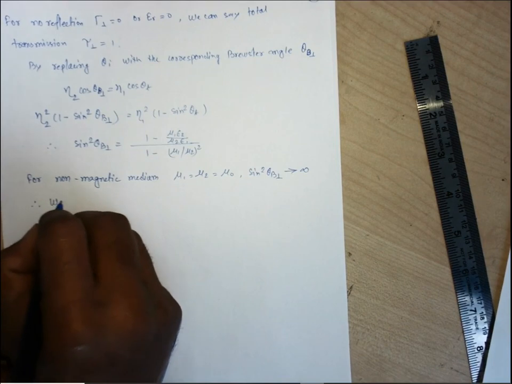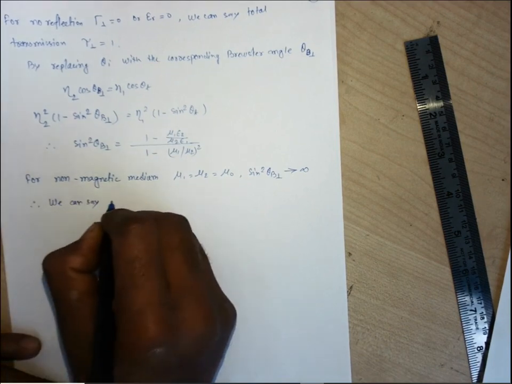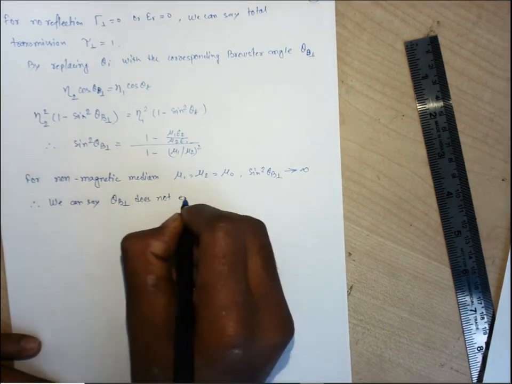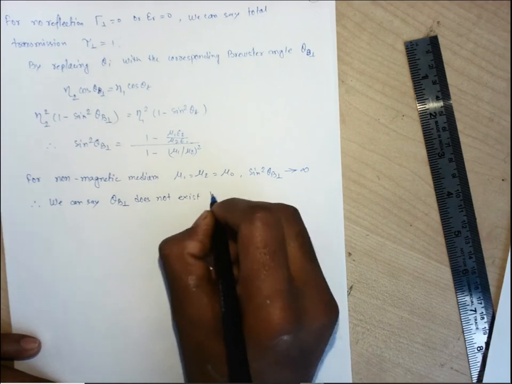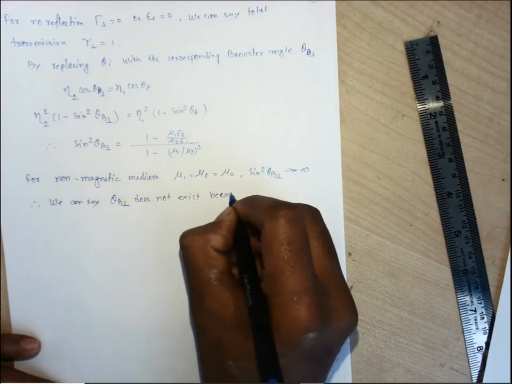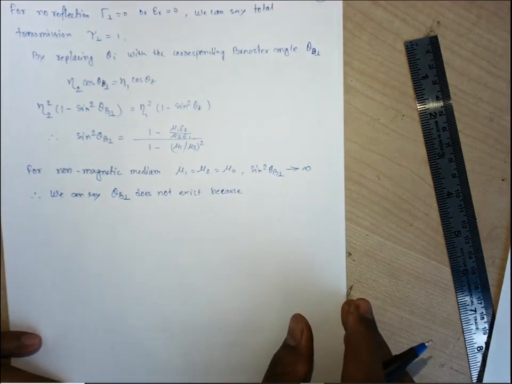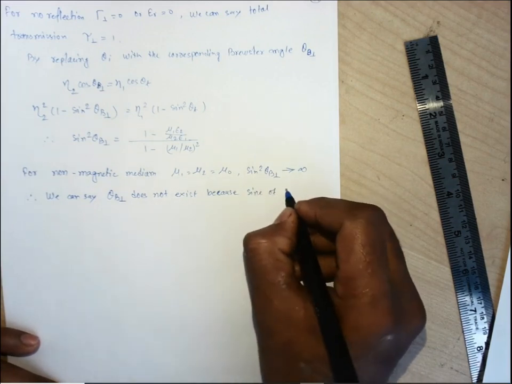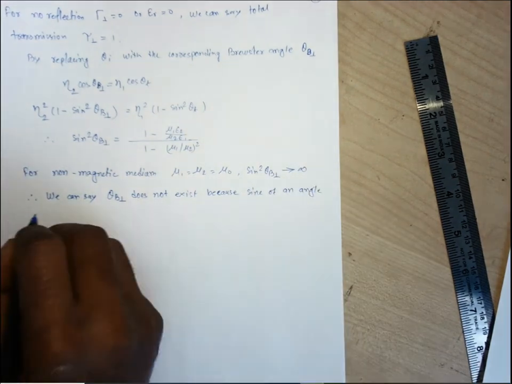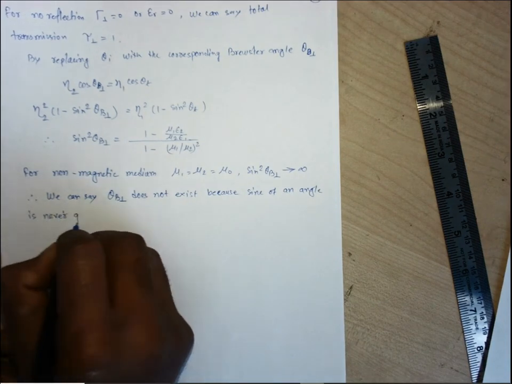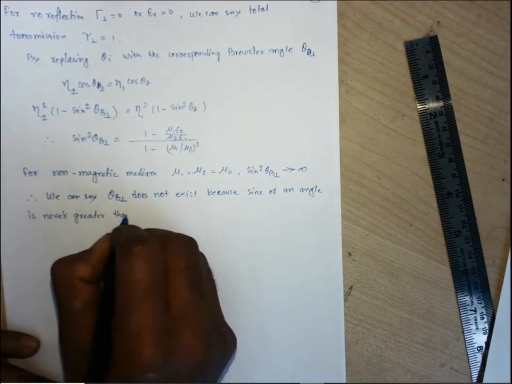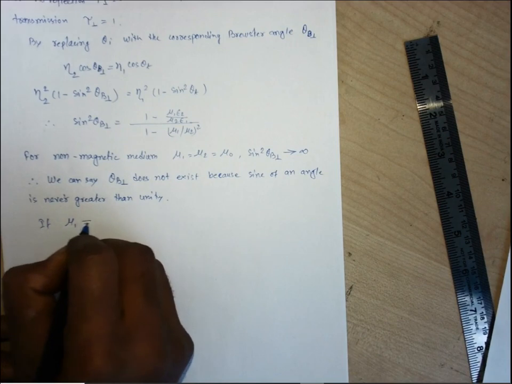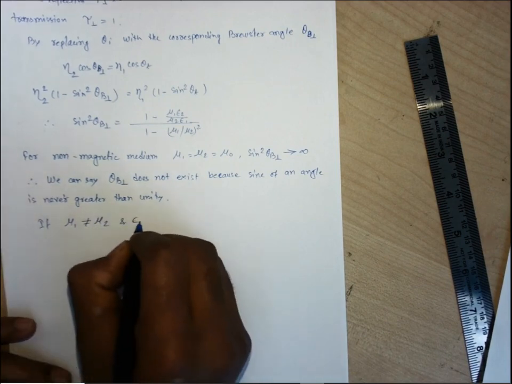Therefore we can say theta b perpendicular does not exist because, from the trigonometry concept, the sine of an angle is never greater than unity, right?